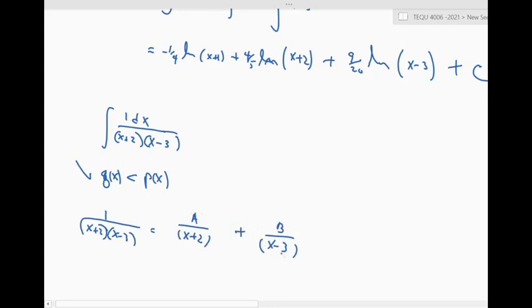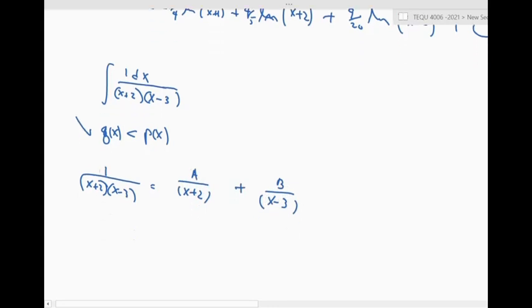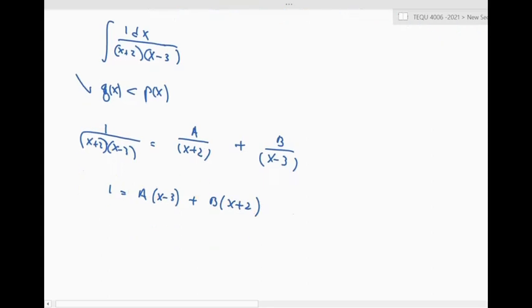As simple as that. So you multiply by the denominator, and that will end up like 1 equals A(x minus 3) plus B(x plus 2). All right, as I have shown you before, to eliminate the letter A, just say that x equals 3.